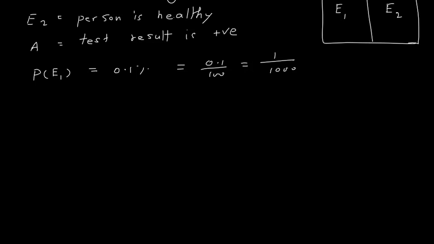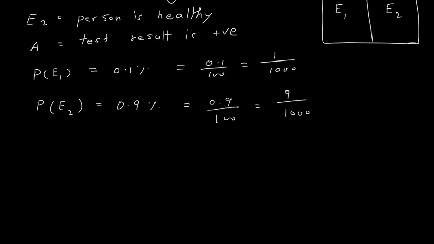Then what is the possibility of E2? If 0.1% are diseased persons, then 0.9% will be healthy. That means 0.9 divided by 100, that is 9 divided by 1000.